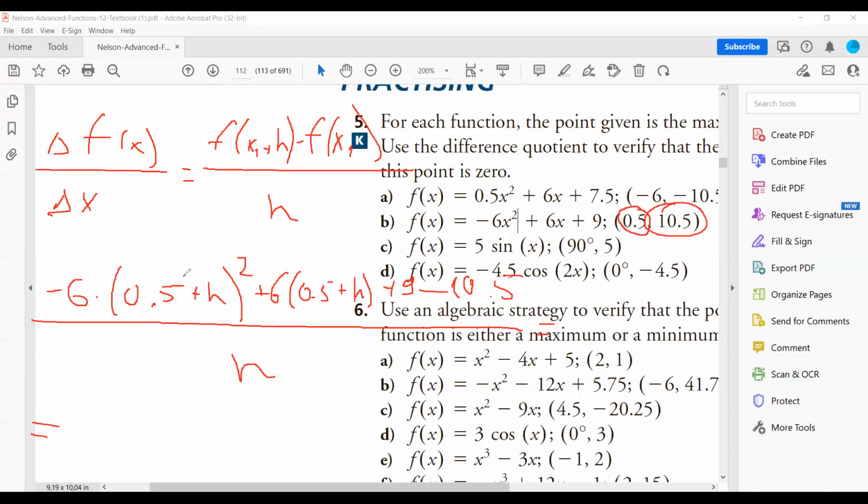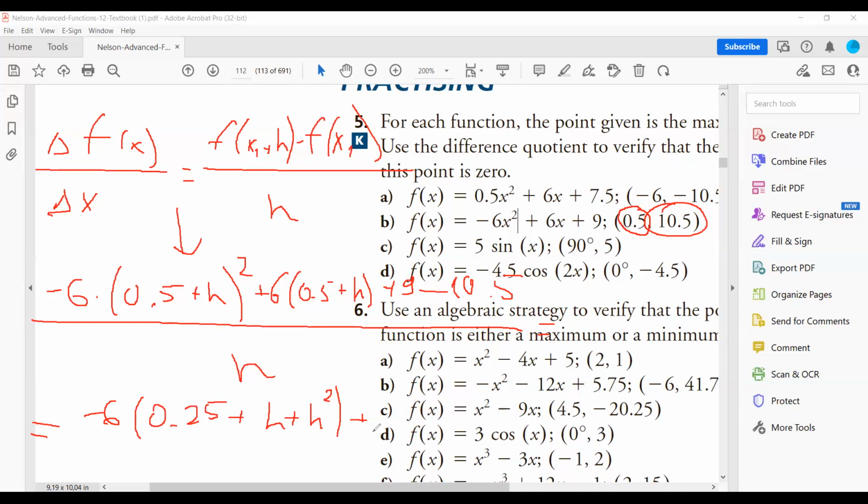Now let's open the brackets. This is a complete square formula. We're gonna have negative 6 times 0.25 plus h squared plus 6 times 0.5 plus h. We can open these brackets right away.